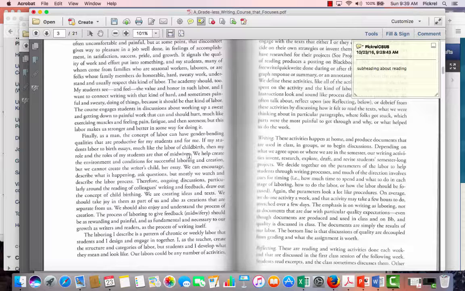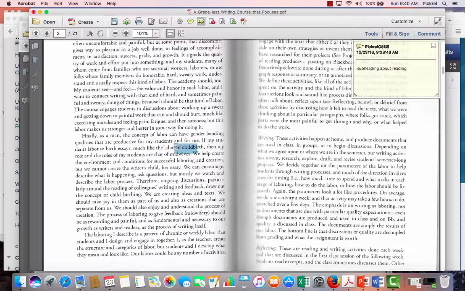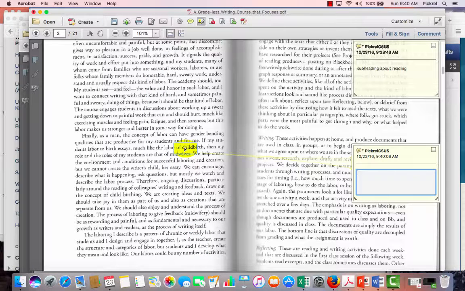You may not find analogy in some of your articles depending on what's required in that particular field. So I might highlight this section, if my highlighter were working, and talk about how the author is using analogy. And so that's one way we might look at the language the author uses.